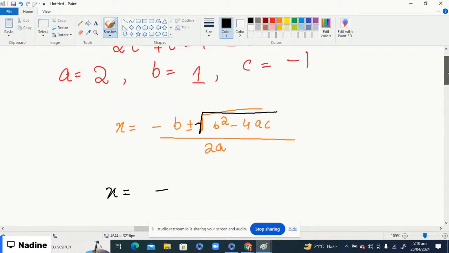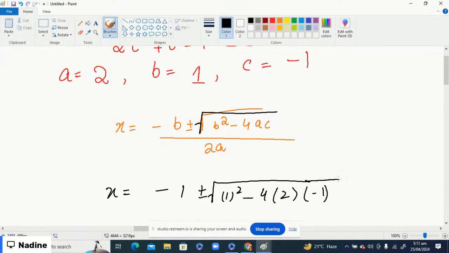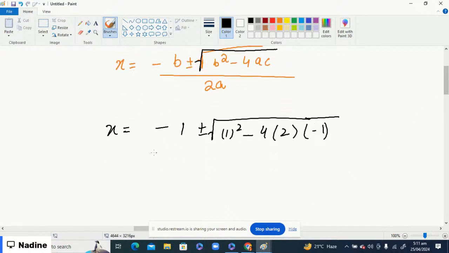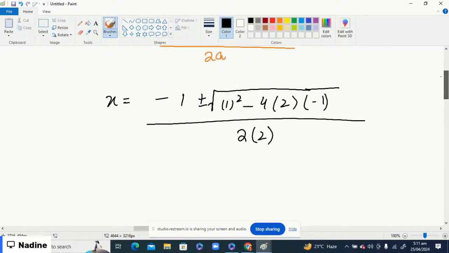What is b? That is 1. b square is 1 square minus 4ac. I'll just put the values in it. 2 into a. Okay, a is 2, that's why I just put it.